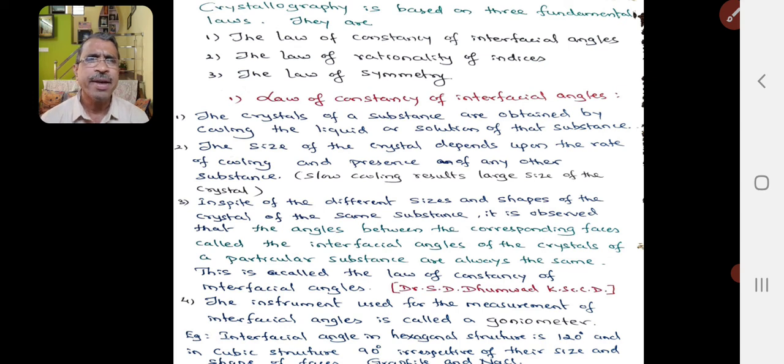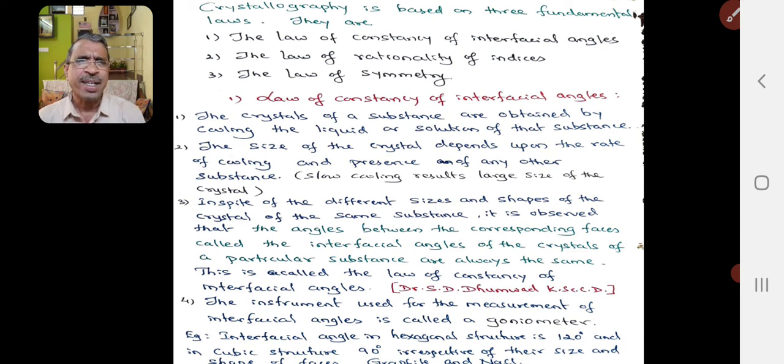This is called the law of constancy of interfacial angles. The instrument used for the measurement of interfacial angles is called a goniometer.